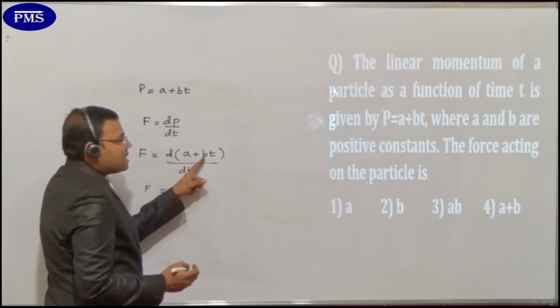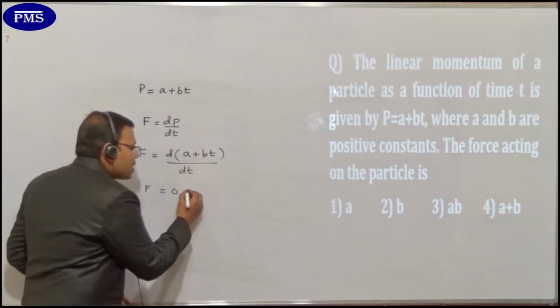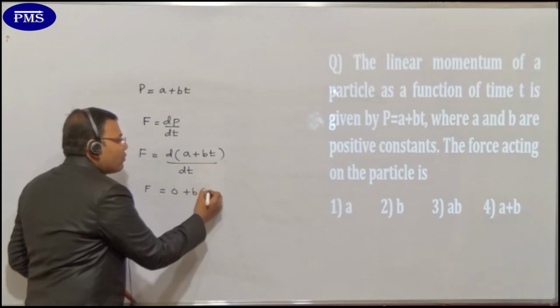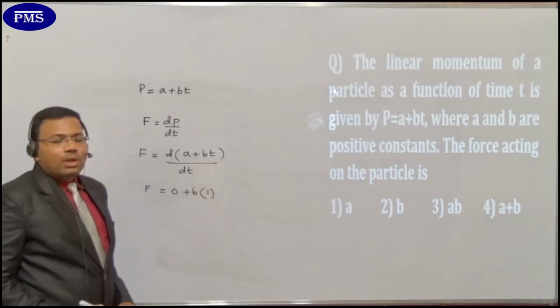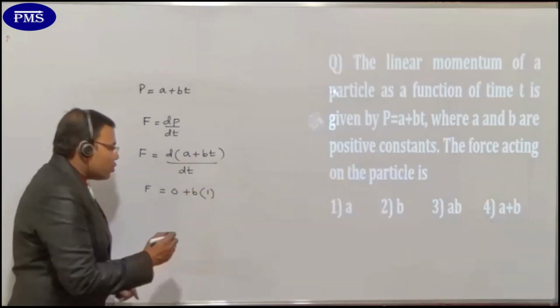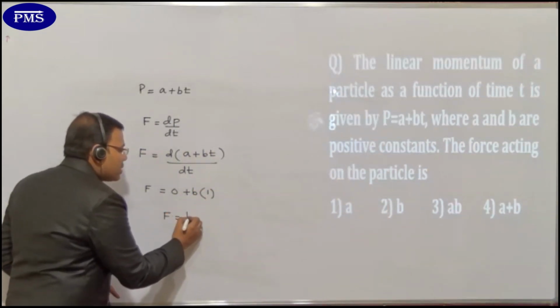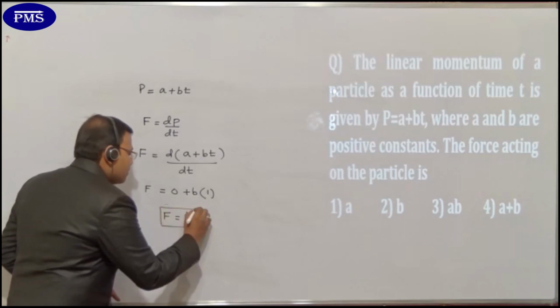And B is left, B is the constant attached with T. So I will write B, and the differentiation of T is 1. So the force is equal to 0 plus B into 1, that is B. So this is the answer.